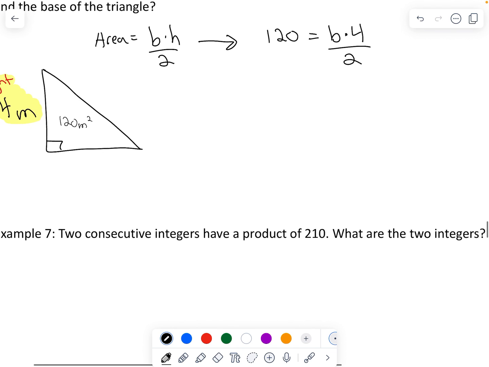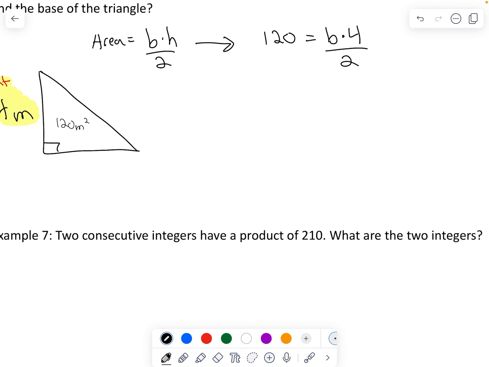So there we go. I'm going to do a little bit of solving here. Times 2 on both sides, I get 240 equals base times 4. Divide by 4, and I get 60 equals the base. 60 meters.